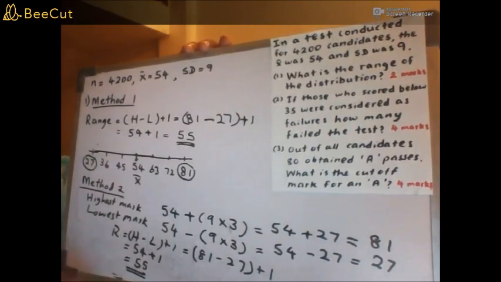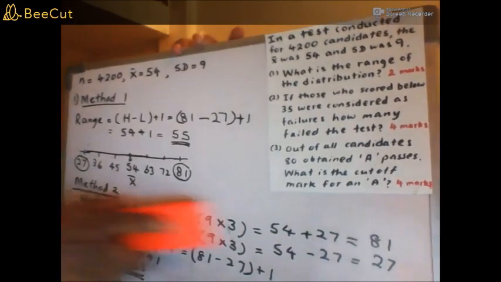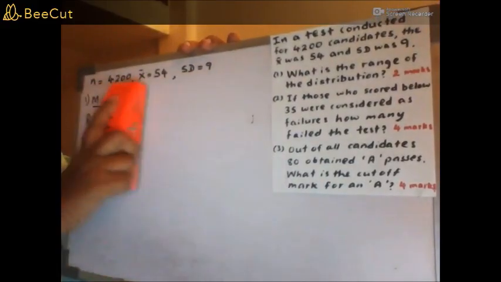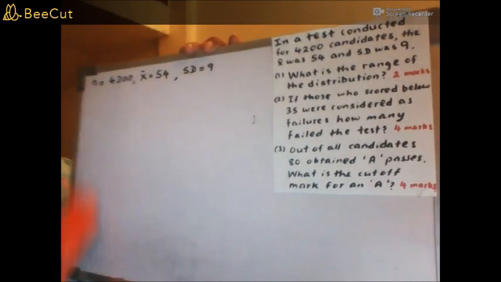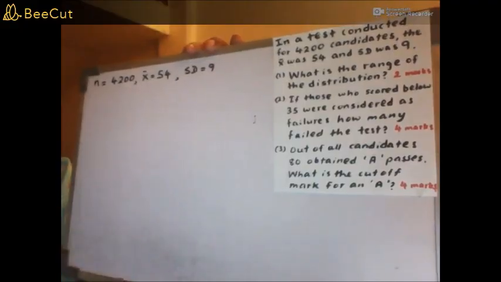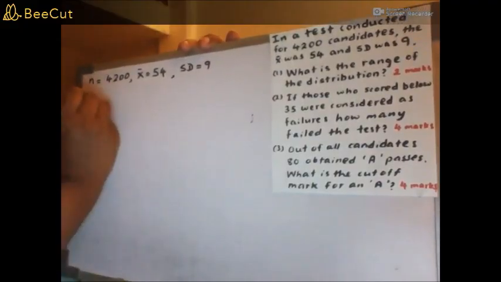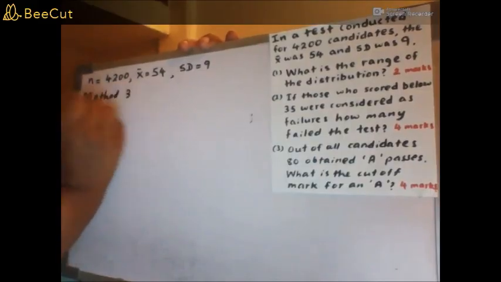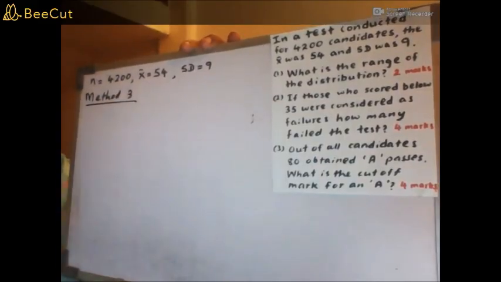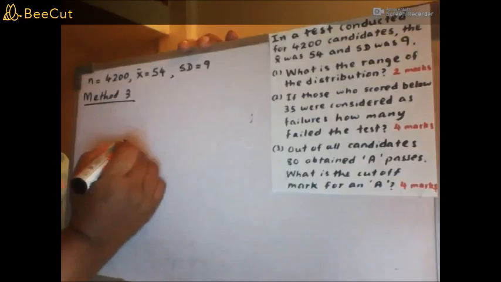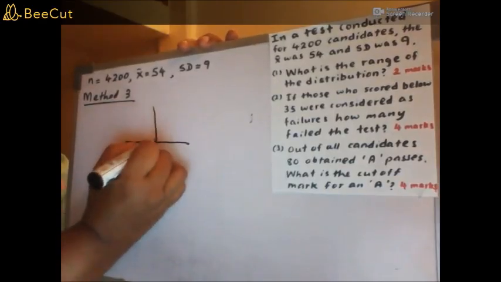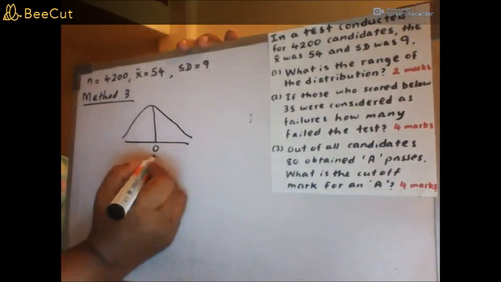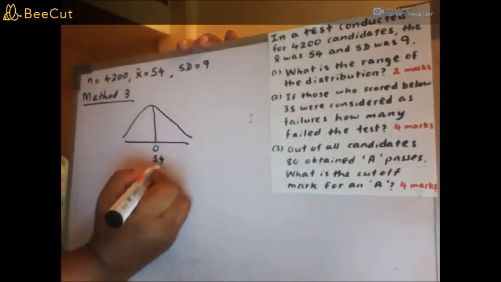Now we'll go to the third method. The third method deals with the normal distribution curve, what we discussed last. For method 3, you have to draw the curve. 0, now 54, that is X bar.